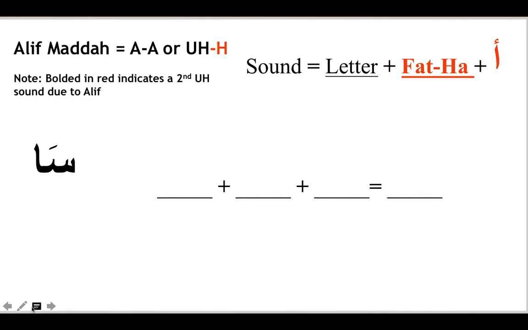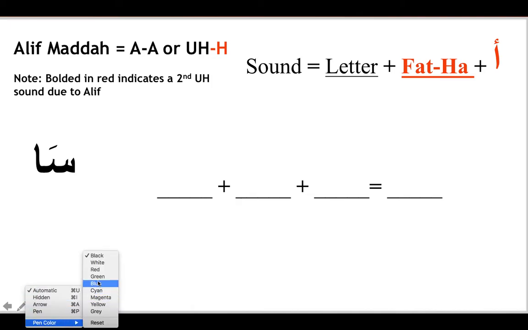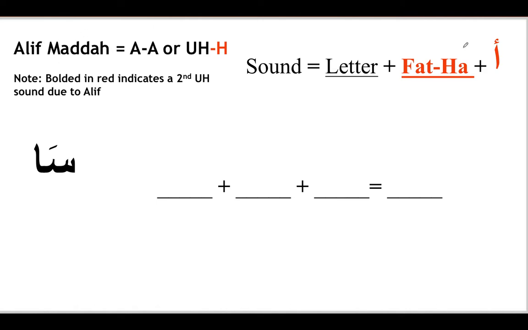Starting off with our first concept, which is the alif madda. The reason why we call it alif madda is, first of all, you have a letter alif in this equation. I'm going to start on the top left here. You'll notice that the alif madda makes the double A sound or the uh-uh sound. If you go by uh, that is totally fine, as long as you're making the sound.